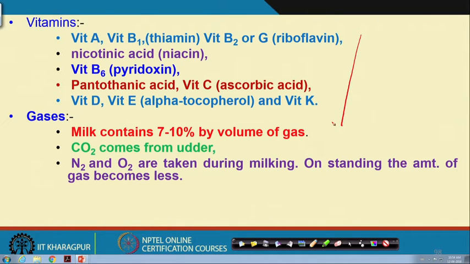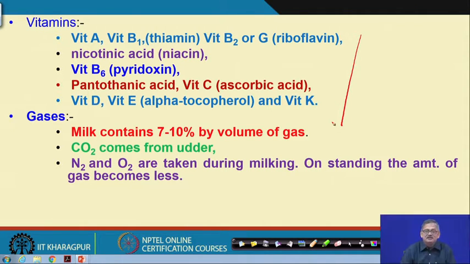All these vitamins are present in milk, out of which some are fat soluble and some are water soluble.